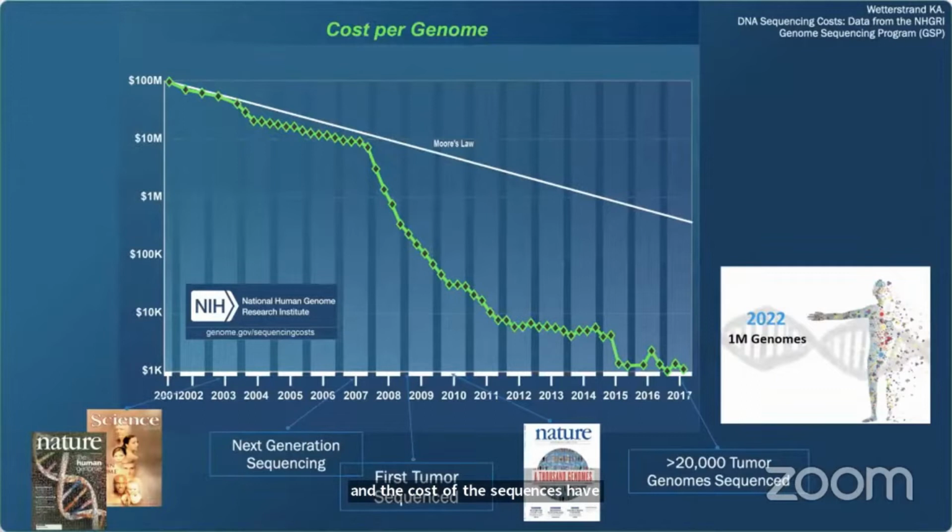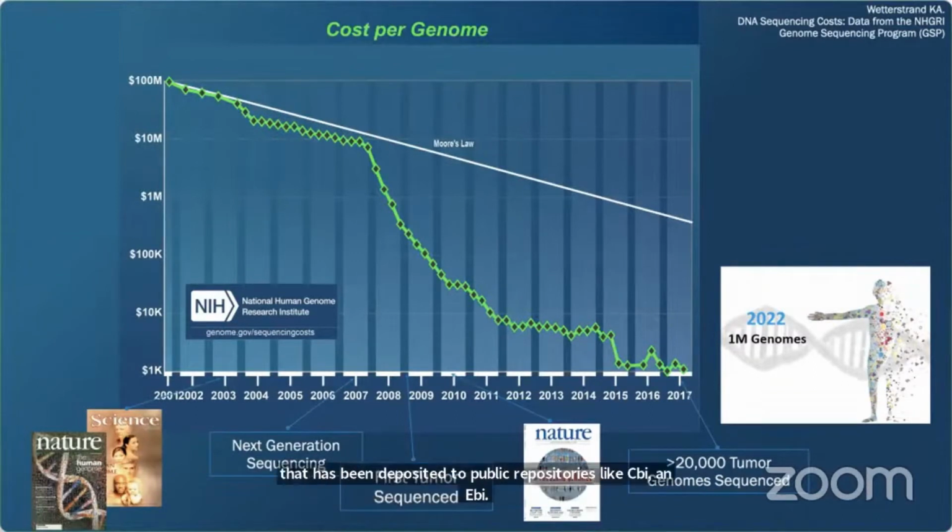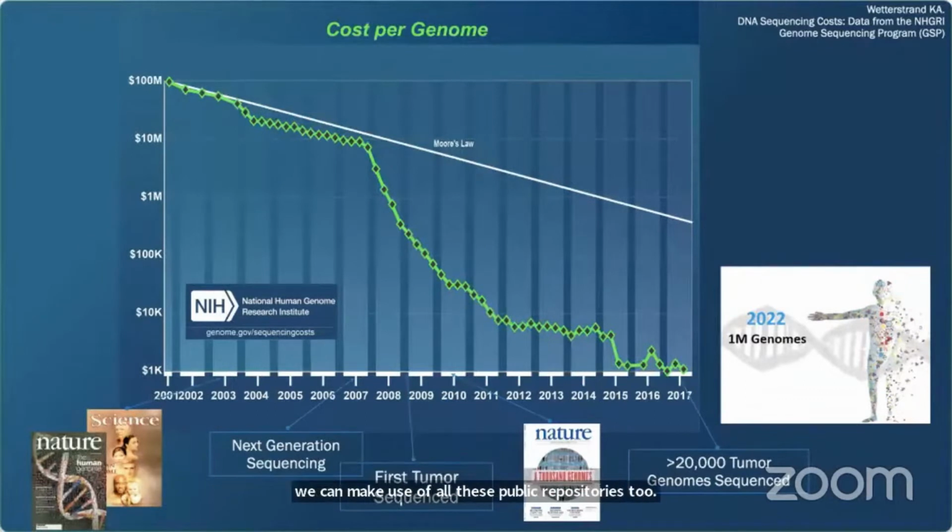This gives rise to more sequences being generated, and we end up with more and more data deposited to public repositories like NCBI and EBI, and we can make use of all these public repositories to make meaningful data analysis and understand the genomic variations present in the samples in general.